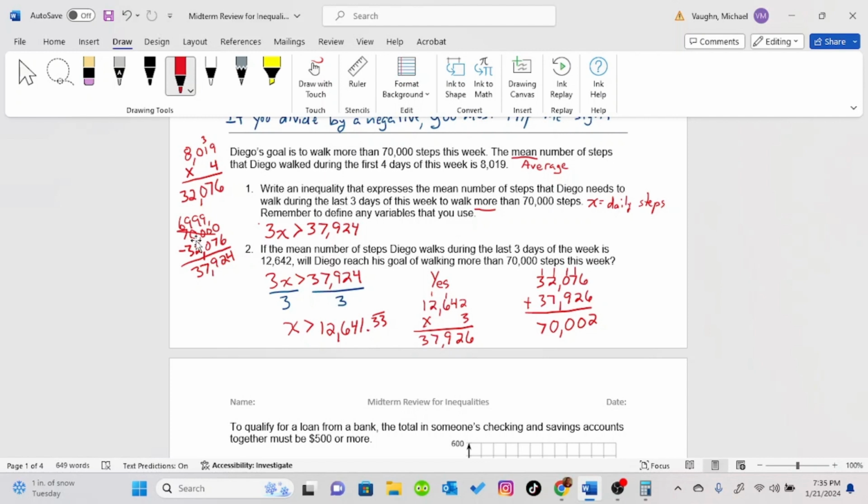He would walk 70,002 steps in a week, and his goal was to walk more than 70,000 steps. So now we've proven that yes, he would reach his goal of walking more than 70,000 steps this week.